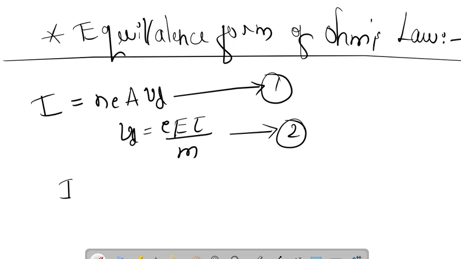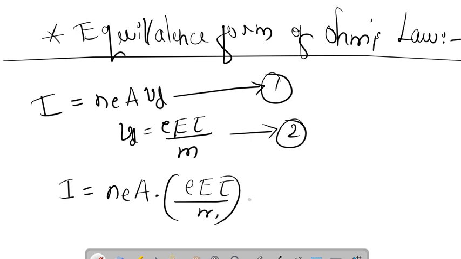Now this will become I is equal to neA times vd, that is eE tau divided by m. If you take A to the LHS, it goes to the denominator.